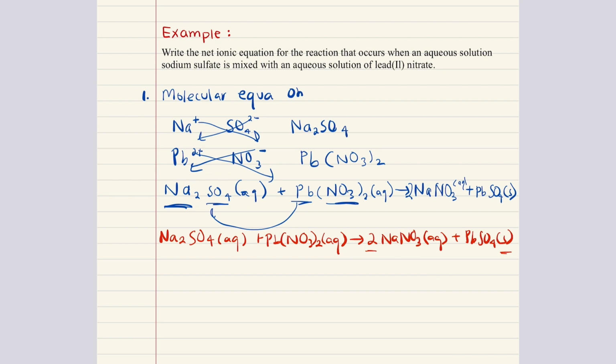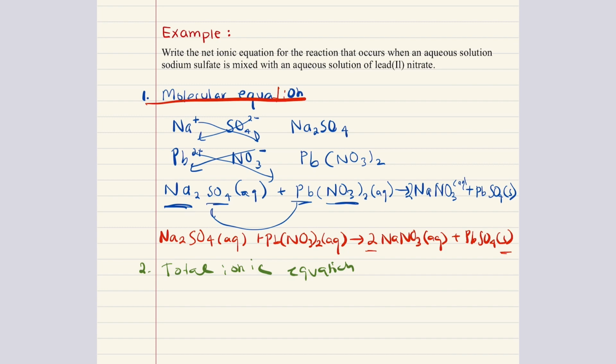The next step, now that we have the molecular equation written, is to write the total ionic equation. So how do we approach this? Again, we're going to look at every reactant and every product, and we're going to ask, is it a strong electrolyte?